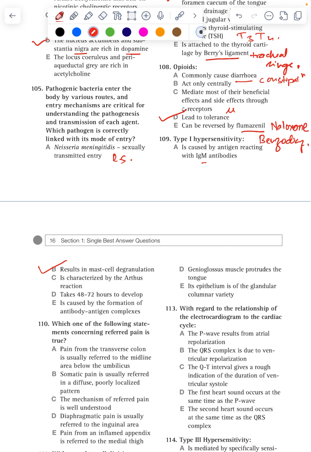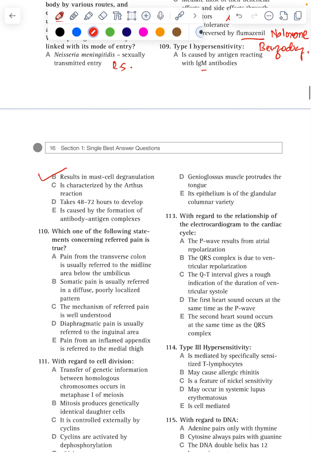Which one of the following statements concerning referred pain is true? Pain from the transverse colon is usually referred to the midline below the umbilicus. So this is true. Referred pain is not well understood.